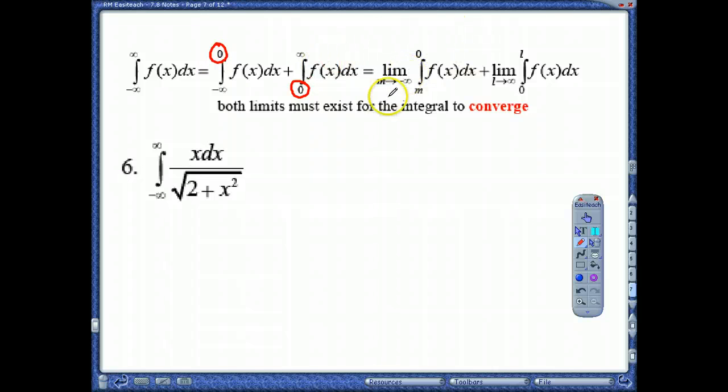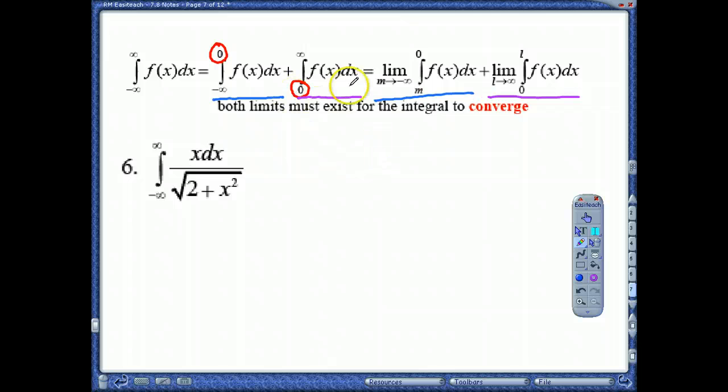Okay, so notice we had to do 2 separate limits. You've got this first guy here, and then you do the second one, which is this guy. Now, both limits must exist for the integral to converge. It doesn't have to go to the same thing.